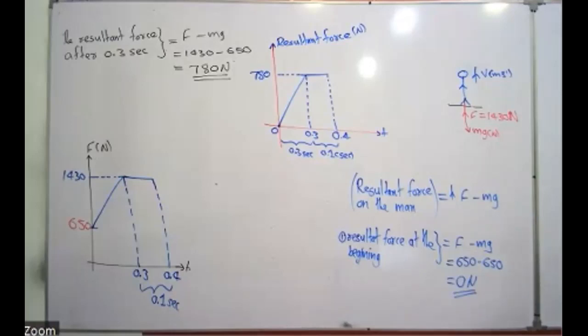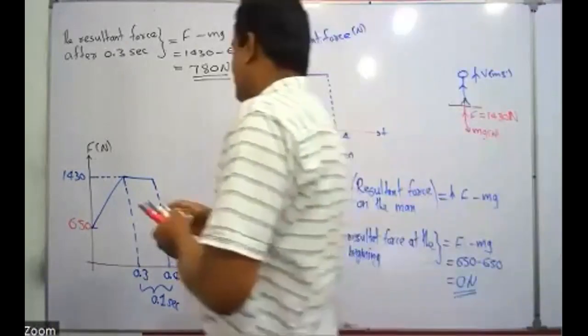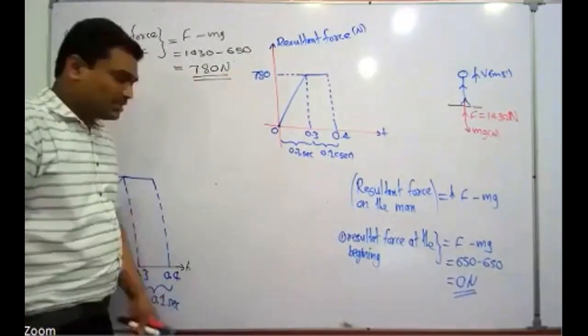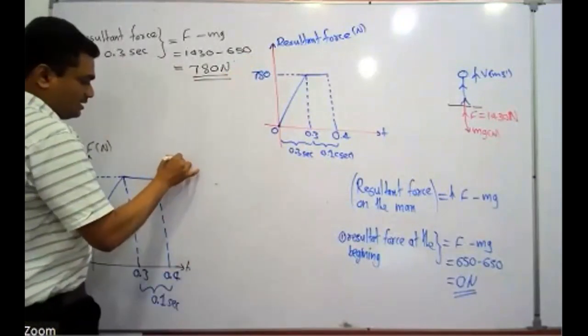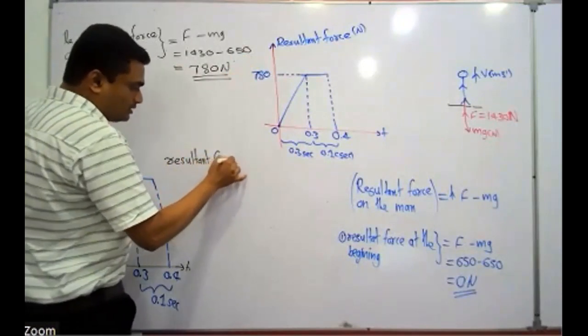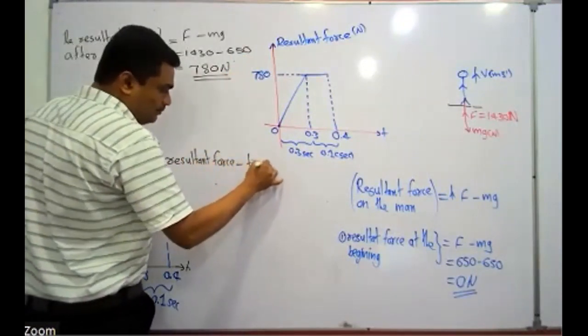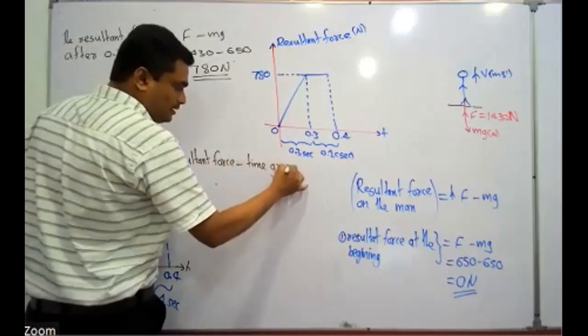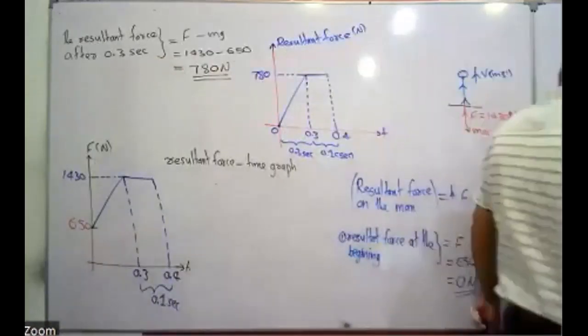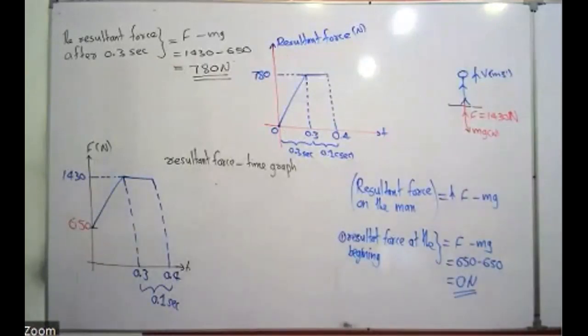Right, starting point. Area under the resultant force time graph is equal to the change in linear momentum.